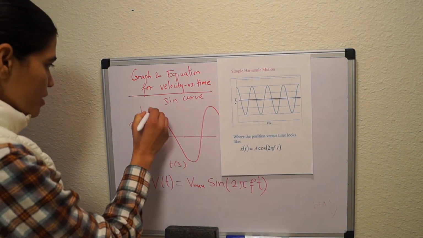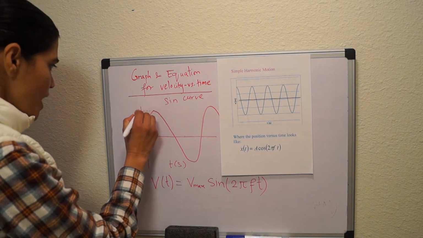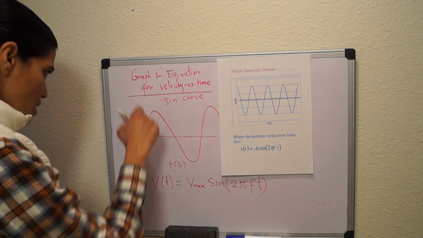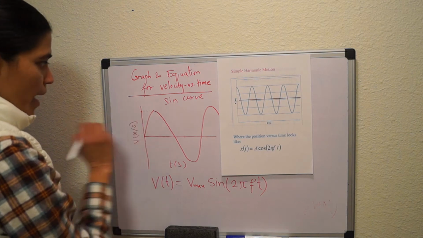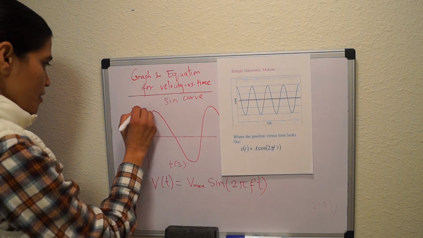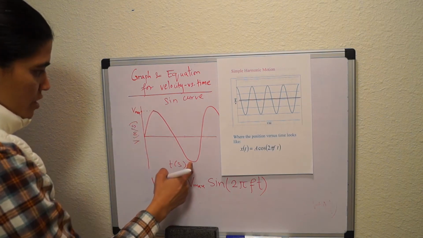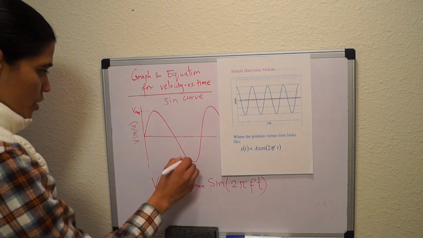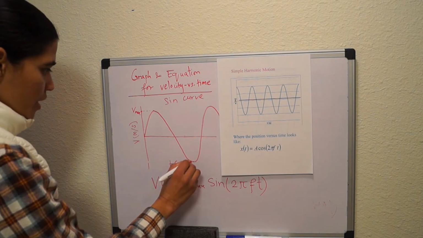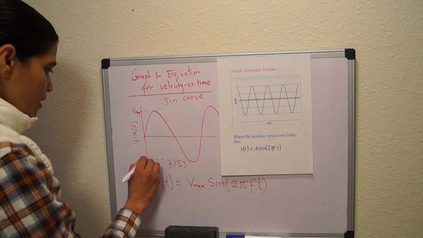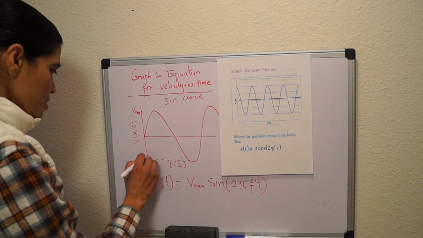If we draw this line, this part should be our v max, right? And you can do the same thing down here. If we take this peak and go back here, this is our v max, but a negative value.